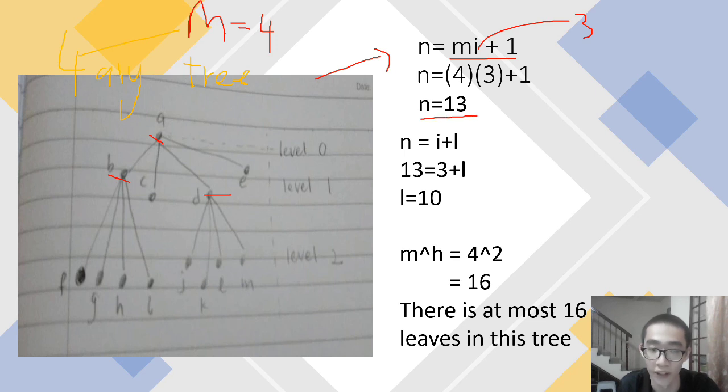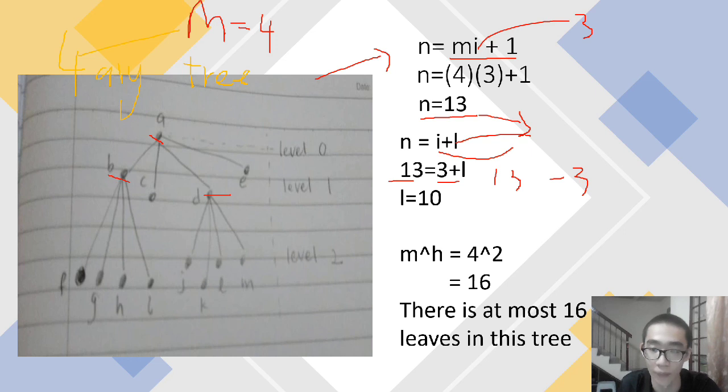And we know that n is the total number of vertices. It includes i, the internal vertices, and the leaves as well. Therefore, the leaves in this tree will be 13 minus 3, which equals 10.